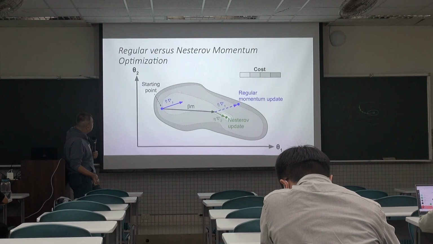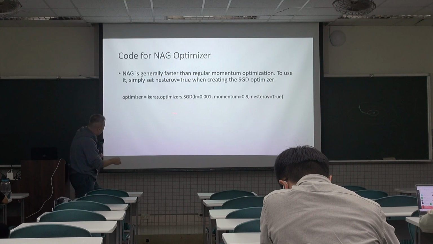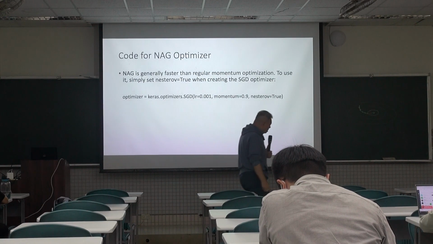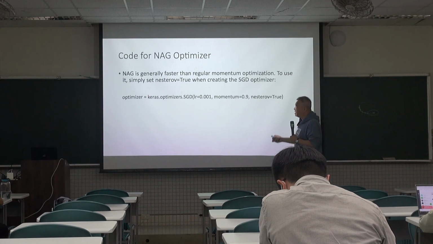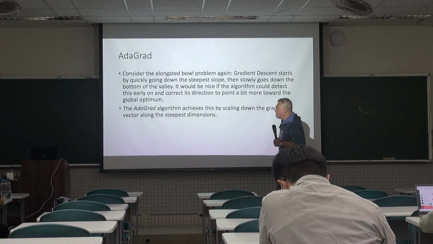So you still need to specify the momentum hyperparameter to be 0.9, but you have to set nesterov to true in order to let Keras know that you are using NAG. So this is the momentum and NAG, and the next one is called AdaGrad.